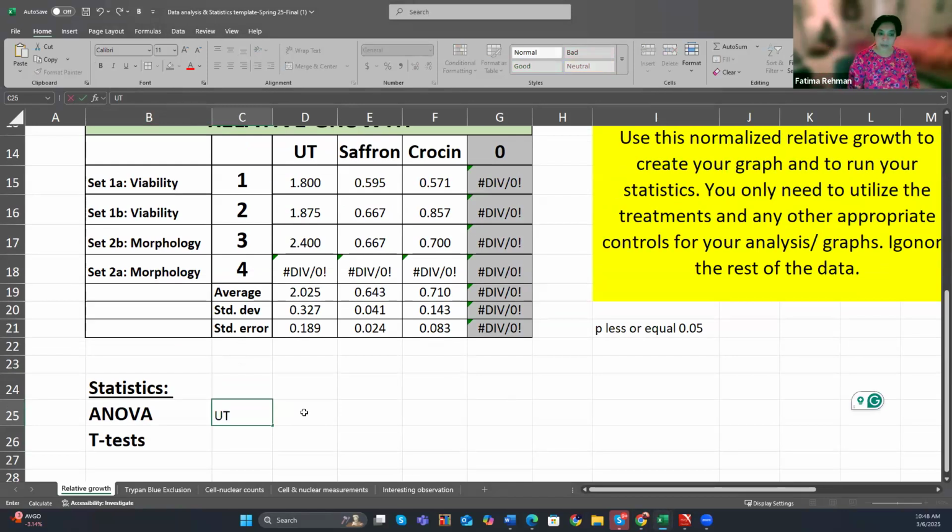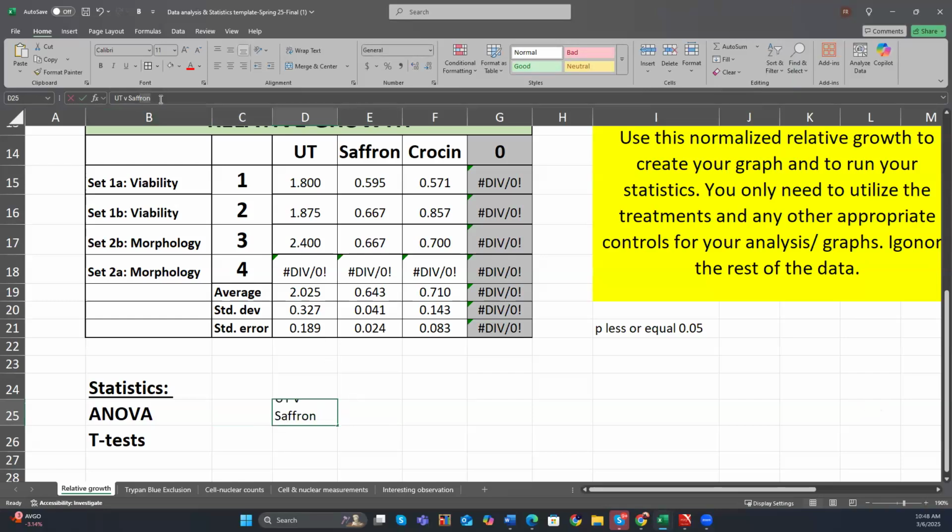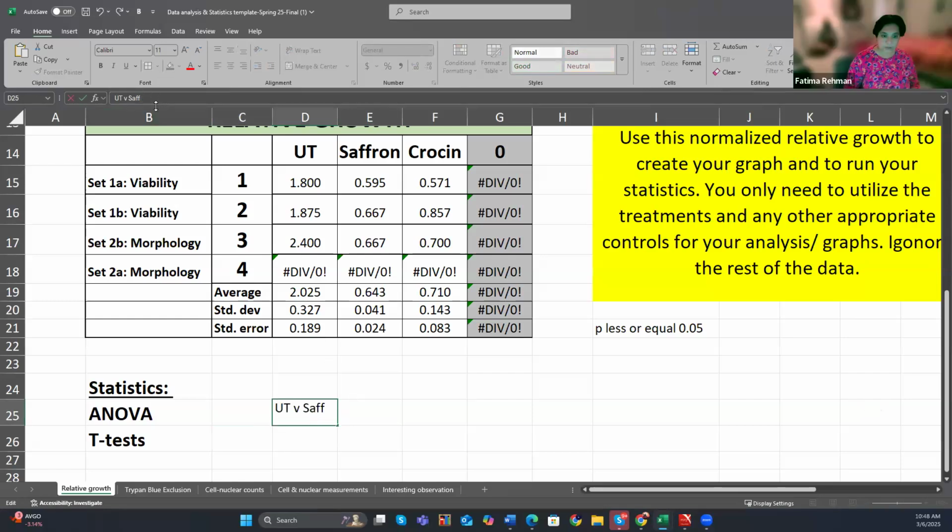So I'll get you started. You can do untreated versus saffron. What else? Saffron versus crocin. Yes, you can do saffron versus crocin, definitely. What else?